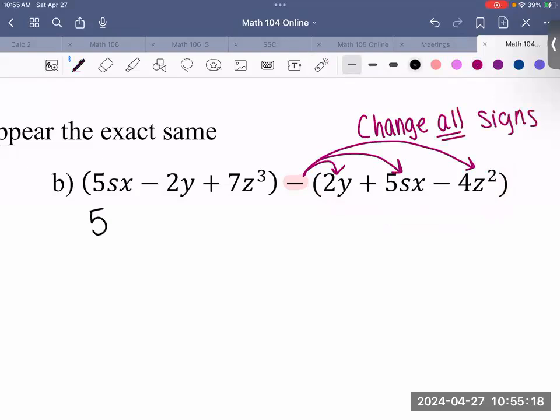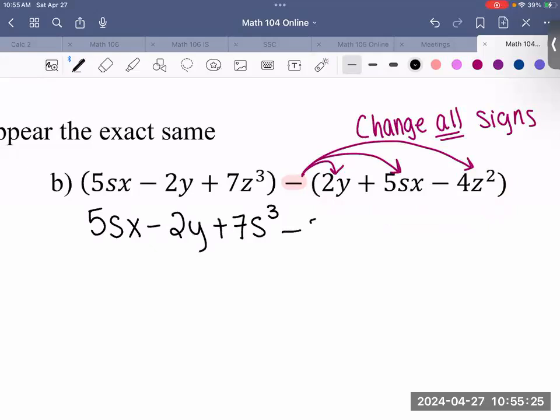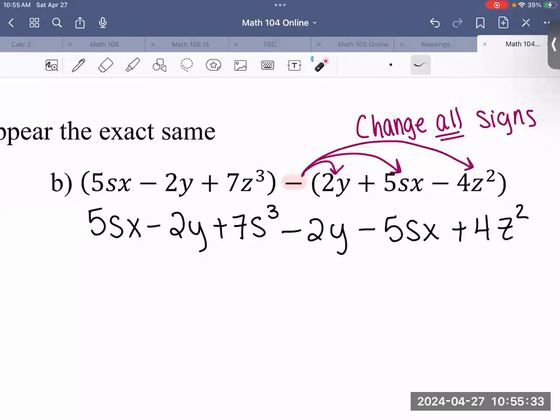So if we have 5x minus 2y plus 7z squared, minus 2y minus 5x plus 4z squared. A double negative, a negative times a negative will make a positive. Or you can just remember, change your signs.